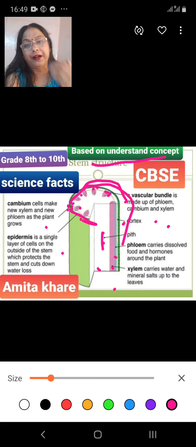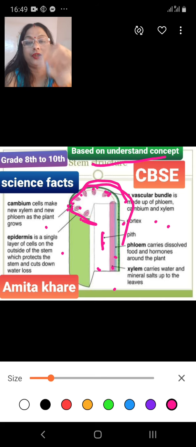The xylem and phloem have different functions in the stem. Phloem carries dissolved food and hormones around the plant, and xylem carries water and mineral salts up to the leaves.